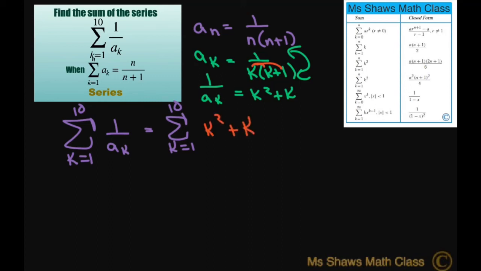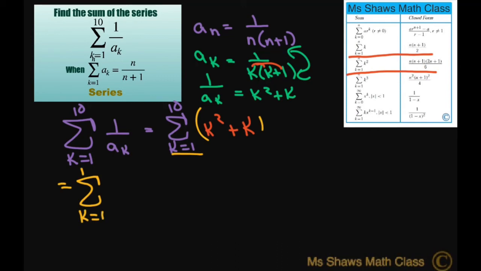Now we're going to use these two formulas here and split this up. So to split it up, I'm going to split both of these up as the sum k equals 1 to 10 of k squared plus the sum from k equals 1 to 10 of k. All right, so for k squared, using this formula, our n is 10 for both of these.